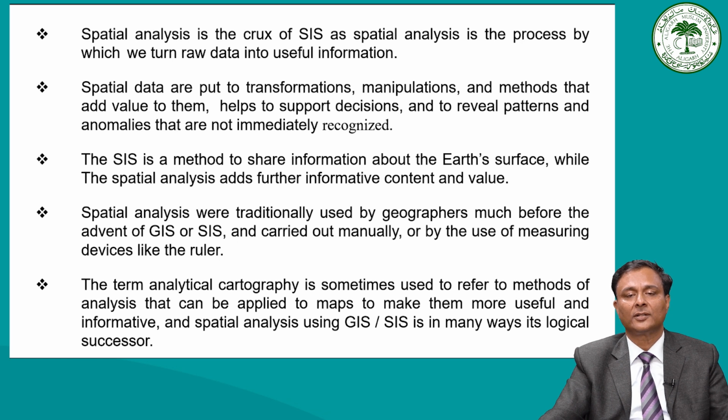Before the popularization of GIS, which is so popular in modern day, or spatial information science to which we are referring, geographers were carrying out spatial analysis, but with traditional methods, manually. The modern day GIS or SIS are improved methods of spatial analysis, which has its root in analytical cartography.